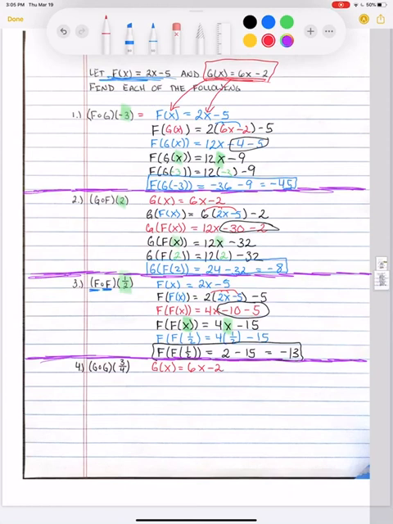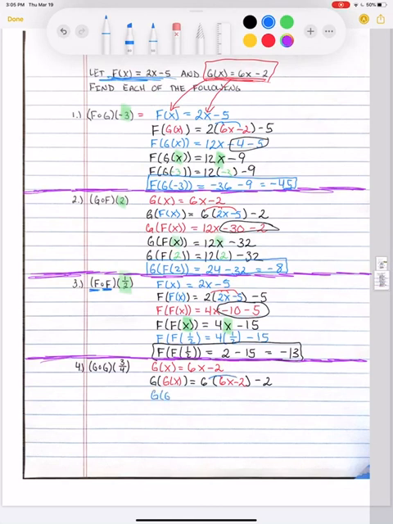Okay, now I'm just going to rewrite it. I'm going to give myself a little more room, and I'm going to plug g right back in. So g of x is 6x minus 2. From here, guys, we distribute.